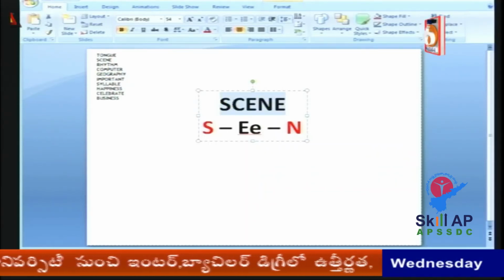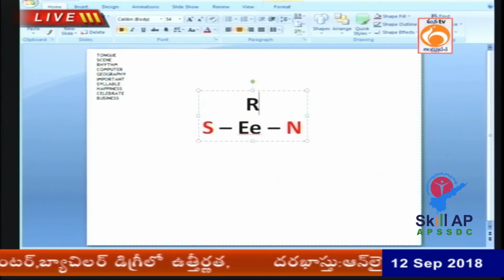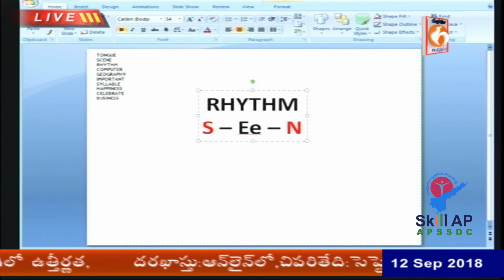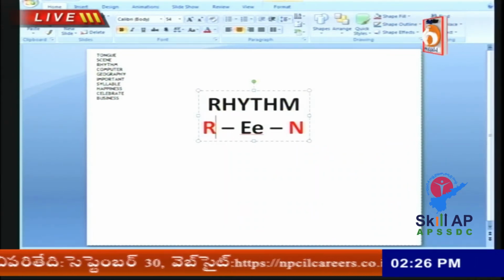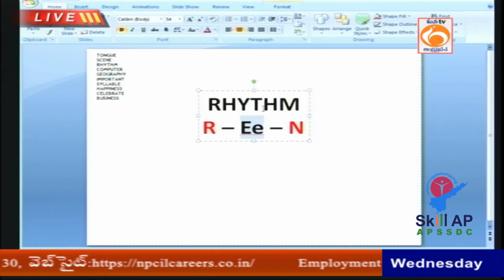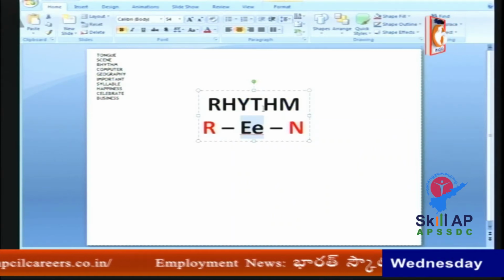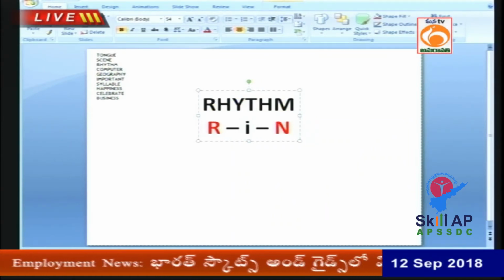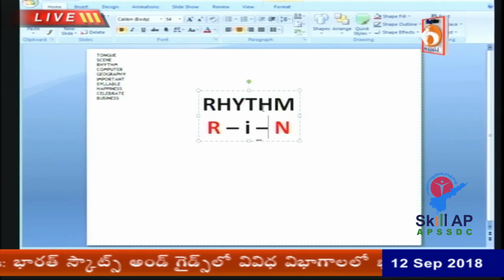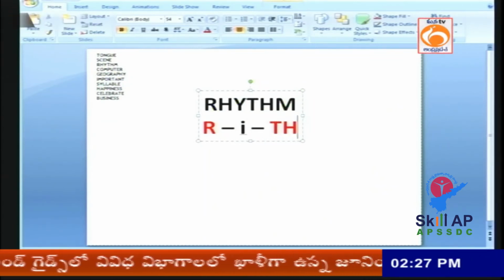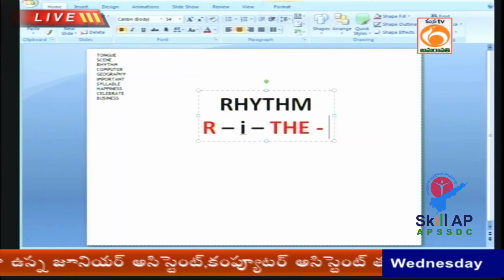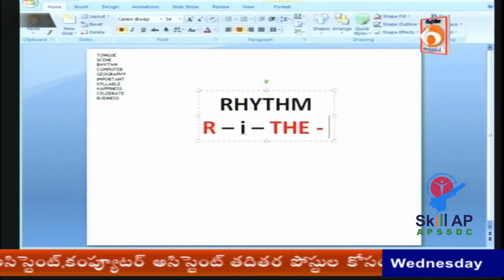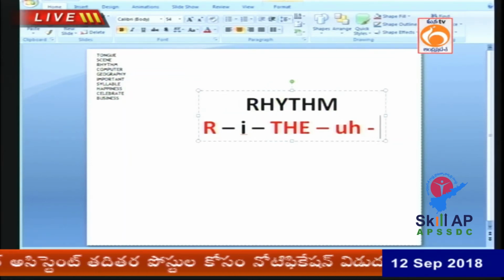Next word, rhythm. It starts with the consonant sound r. Can I say it with a long vowel? No, I say rhythm, which means a short vowel sound i, re, then the th sound. It's not th, it's the voiced sound. Re, the, a, m.